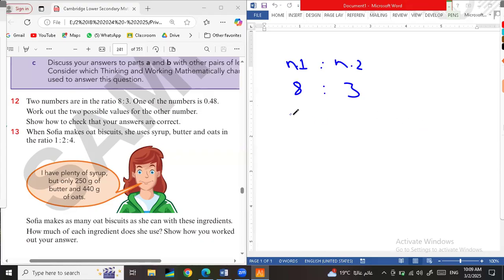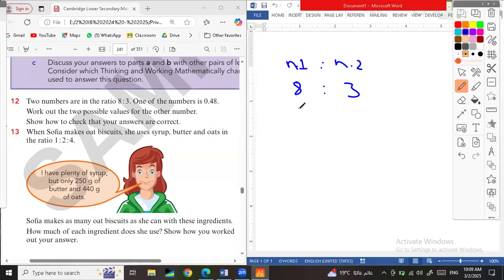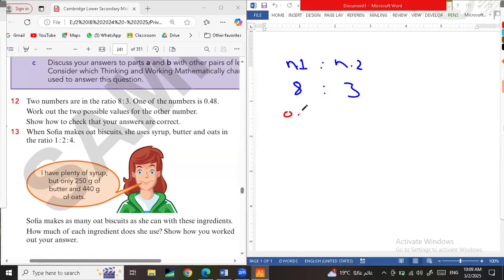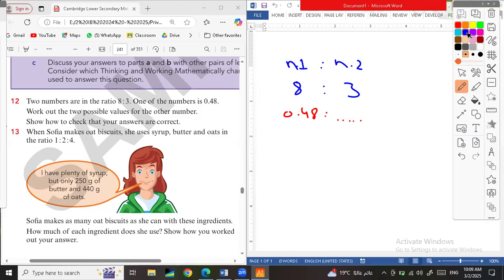Okay, so here they want me to put it in the two different places and work out the possible answers that I might get, the two possible values of the other number. So if I put over here 0.48, I'm going to get a value here. And if I put here the 0.48, let me just rewrite it again.